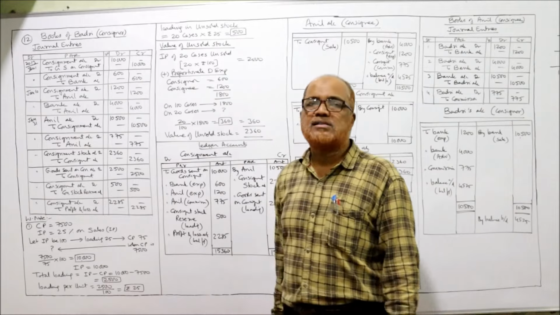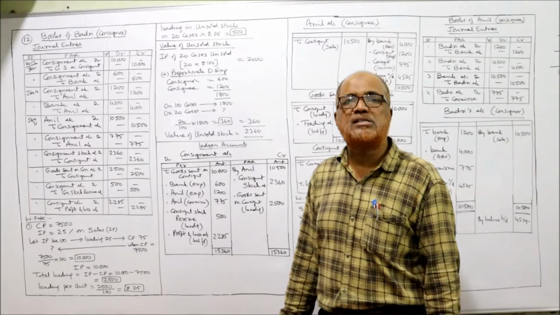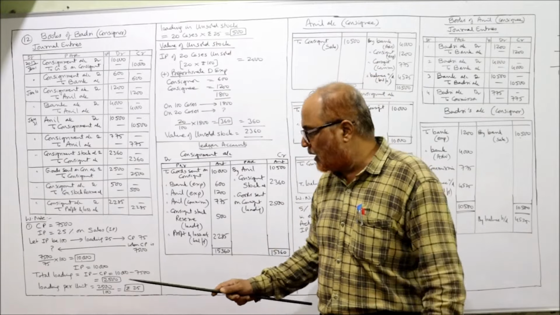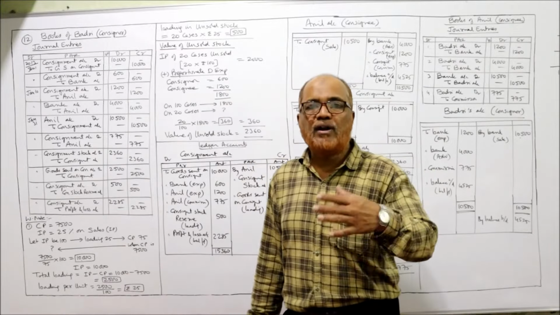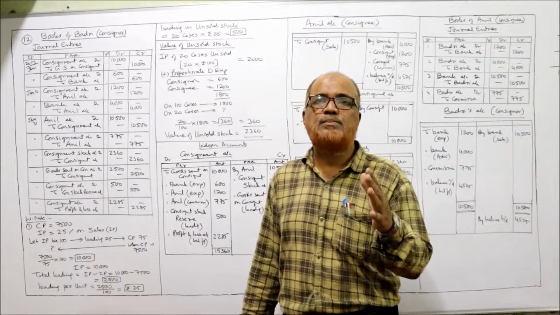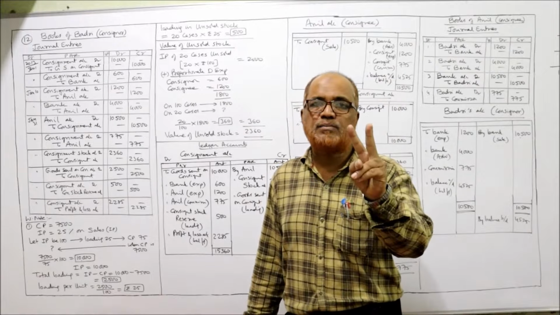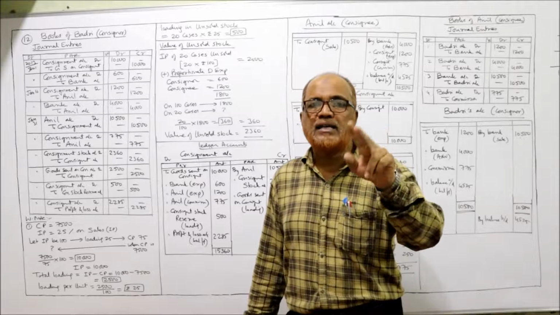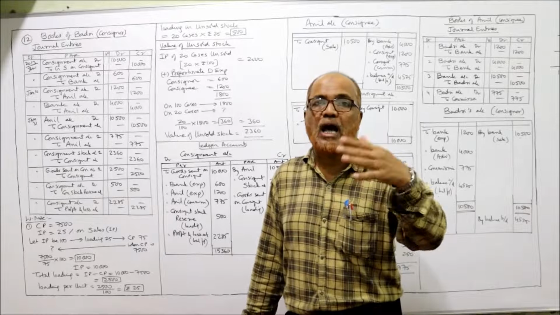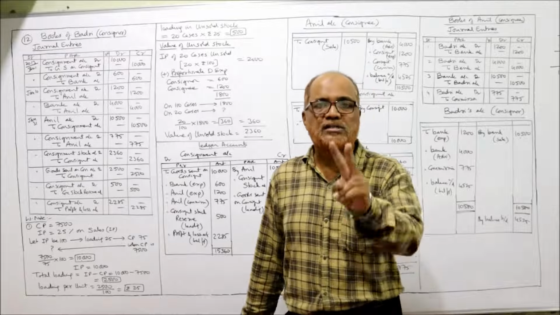Now, goods sent on consignment account debtor to consignment. This is the loading. What is the total loading? 2500. Here we have calculated the total loading. Whenever goods are sent at invoice price, two adjustment entries are required. First, removing the total loading, and second, removing the loading in unsold stock. I already told you in the previous problem also, two additional entries.